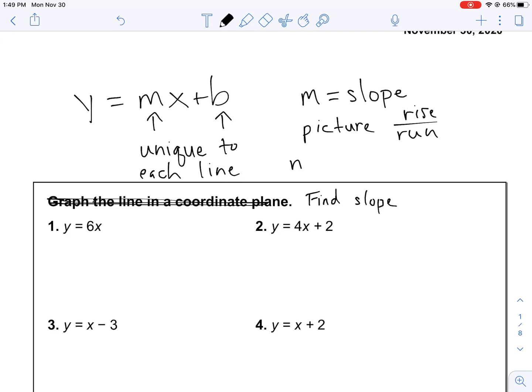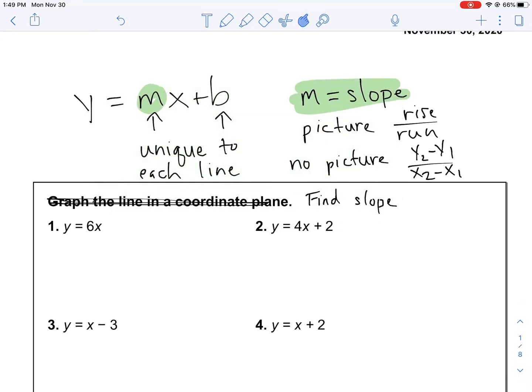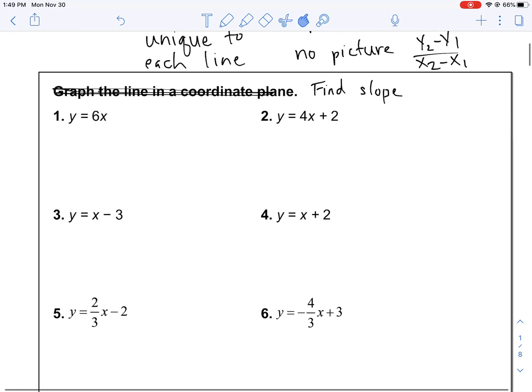But if there's no picture, we can use y2 minus y1 over x2 minus x1. Now, luckily for us, if there's an equation, we just find the number next to x, and that's our slope. So let's find the slope of each of these four equations.